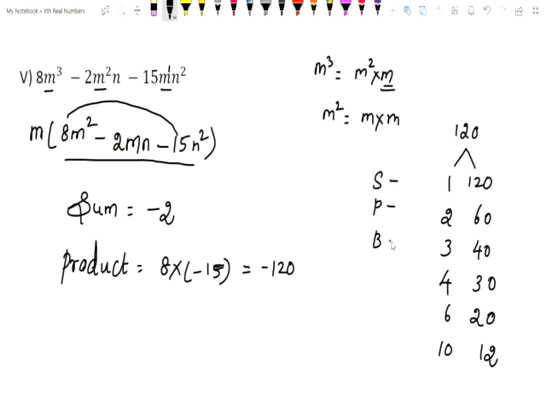So, the bigger number is negative, the smaller number is positive. So, the bigger number you just give negative. So, when we add these, we need to get minus 2.